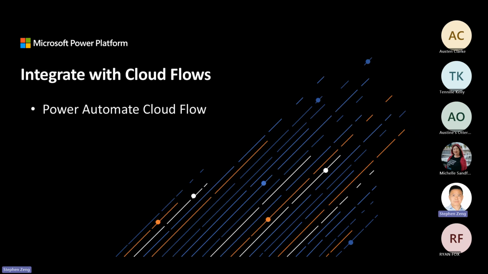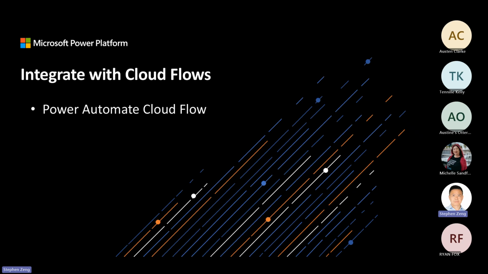In Copilot Studio, you can also integrate with cloud flows. In one of the previous slides, I talked about the Power Platform overview, right? There is one product called Power Automate, and that's where you can create cloud flows. You can create other types of flows as well. In a cloud flow, you can do many wonderful things.